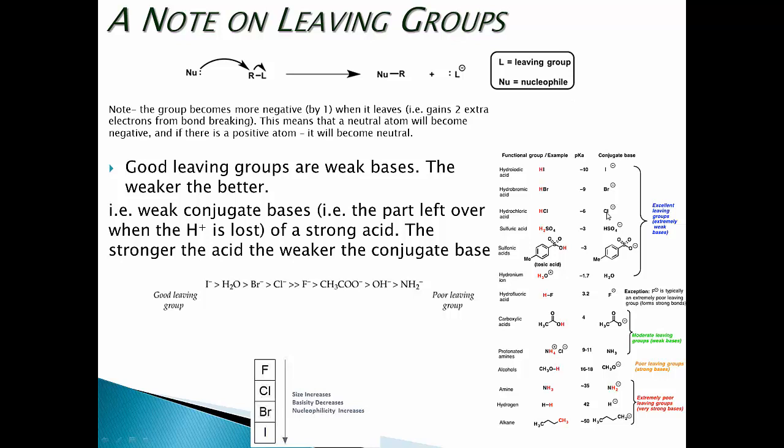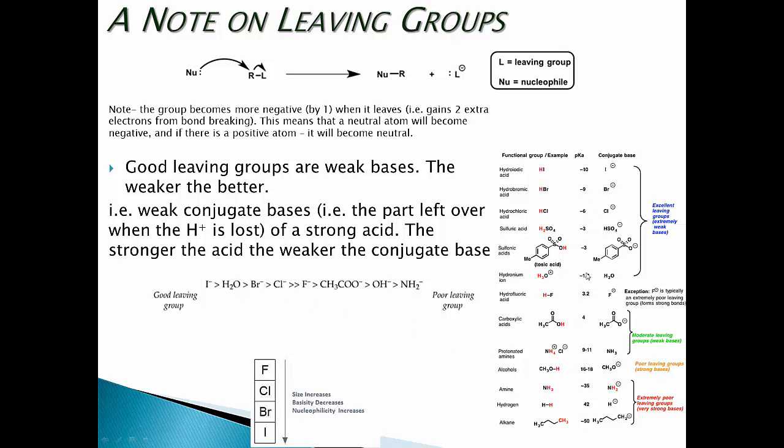The stronger the acid, the weaker the conjugate base, and the weaker the conjugate base, the better the leaving group. So you can see here, the strong acids' conjugate bases make really good leaving groups. So iodine, bromine and chlorine are good leaving groups.